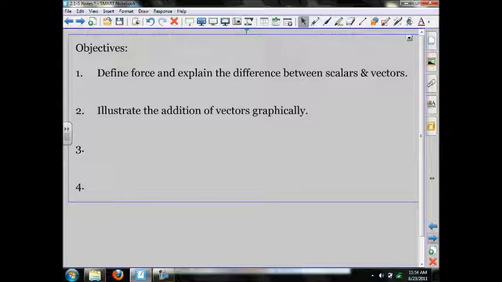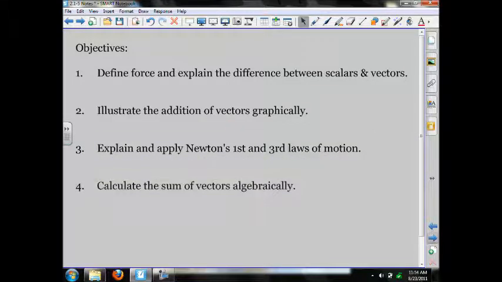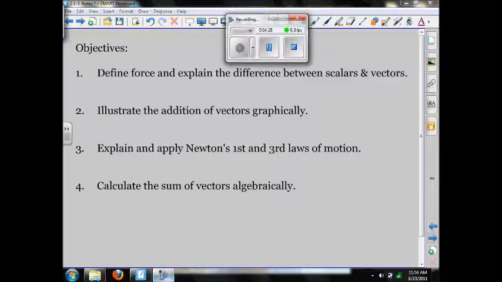We'll get into vector addition algebraically as well. And then we'll start talking about Newton's first and third laws of motion. The last one deals with summing vectors algebraically, so both graphically and algebraically. Almost always we'll be doing it algebraically. We'll just take a look at what it looks like if you have this graph.